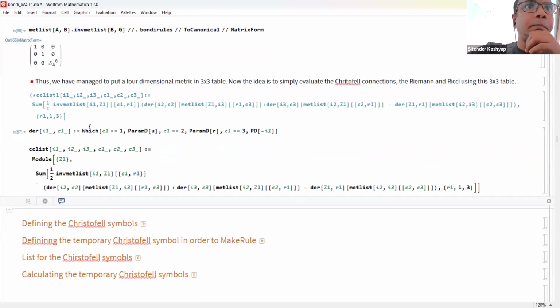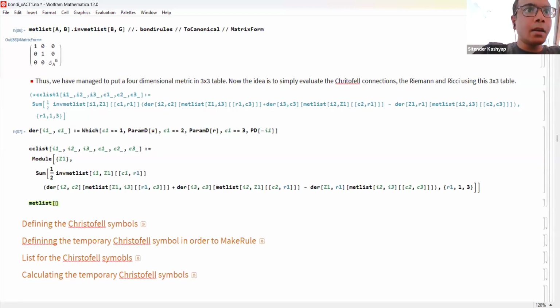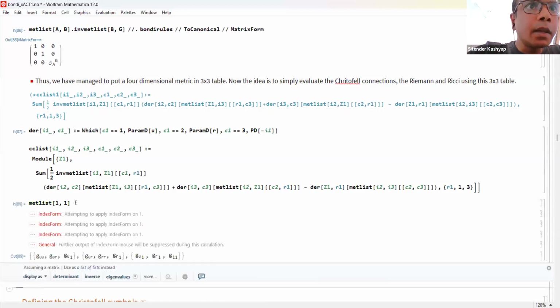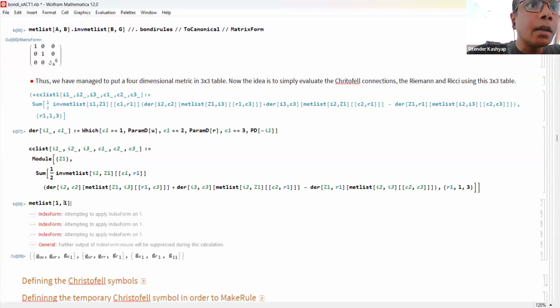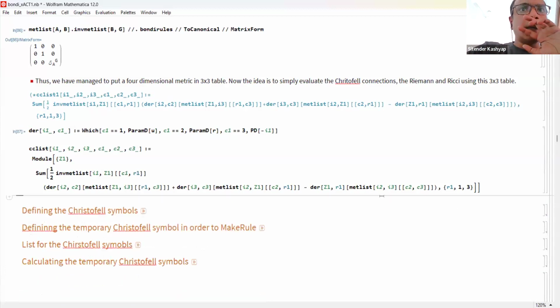So we are collecting the list. Okay, here is what we will do. This list contains the information about the Christoffel connections. The relevant part for us is these three indices.